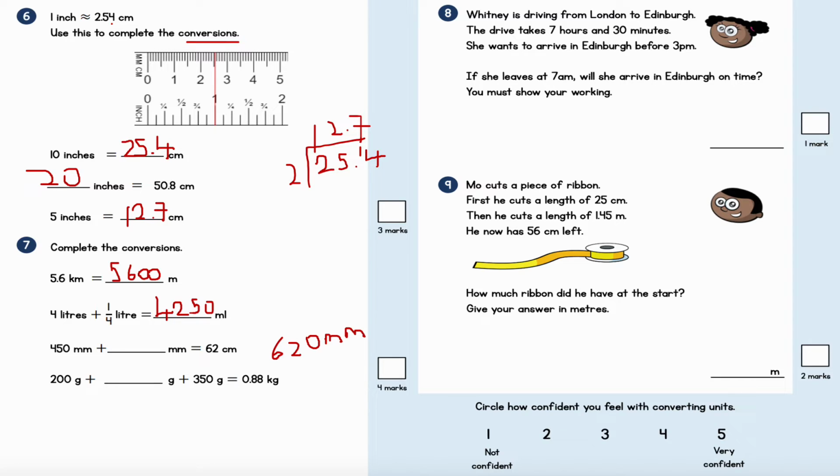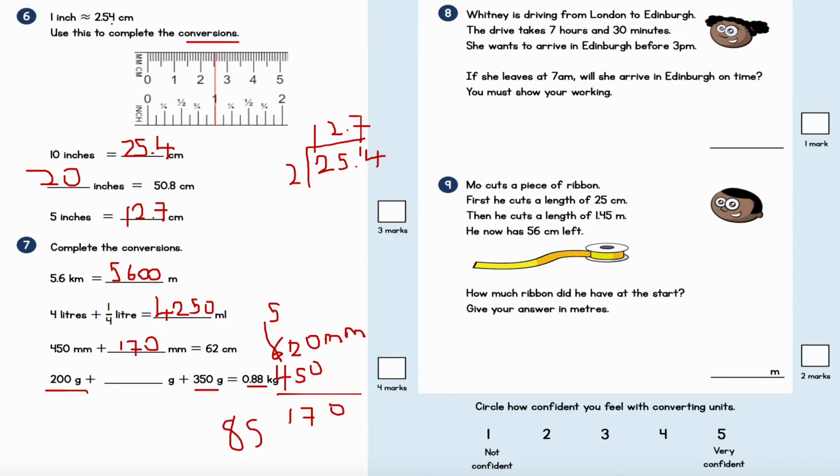Well, if I take away 450 from both sides, $170, I get that.